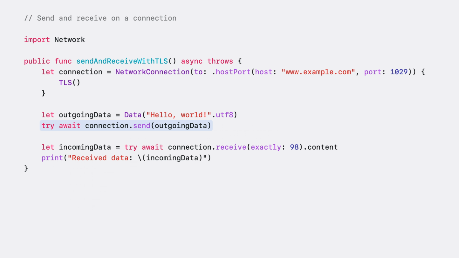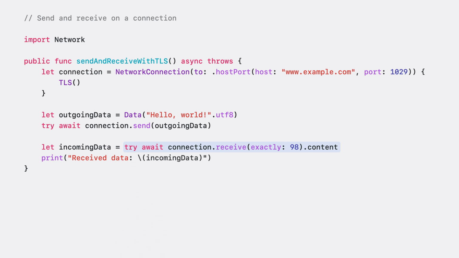TLS and TCP are both stream protocols, so when you receive data, you have to specify how many bytes you want. In this example, I'm specifying exactly the number of bytes I want to read. Receive returns a tuple of content and metadata, but in this example, I specify I only want the content.